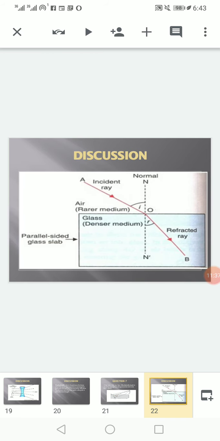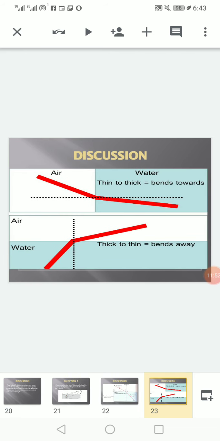Now we can see the incident ray, we can see the normal, and we can see the refracted ray. And I say the angle of incidence is the angle between the incident ray and the normal. So what happens?